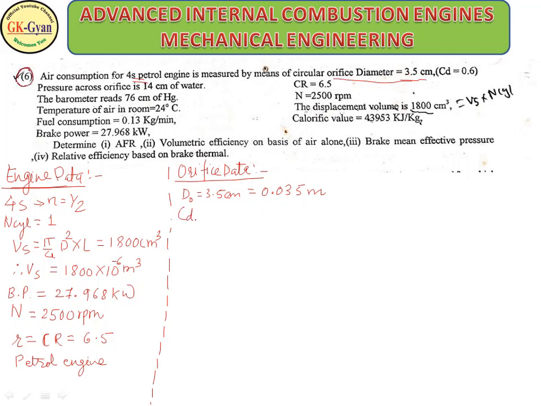Then CD value is given 0.6. Then pressure across the orifice HM is given 14 centimeter of water, which is nothing but 0.14 meter of water.